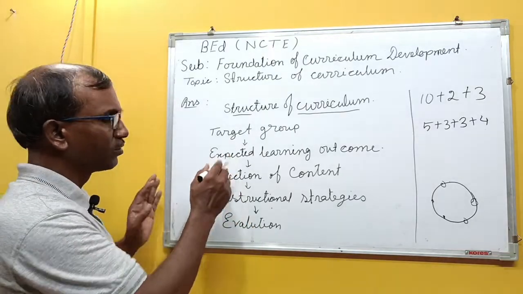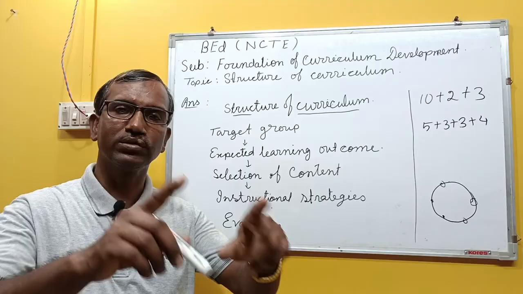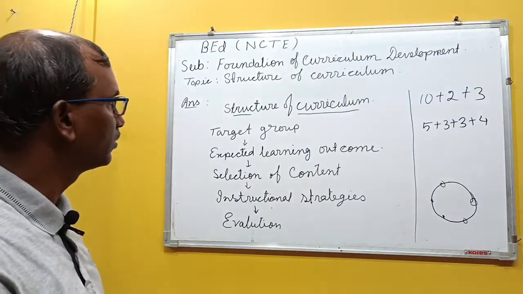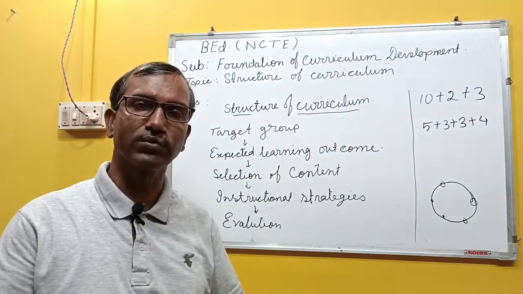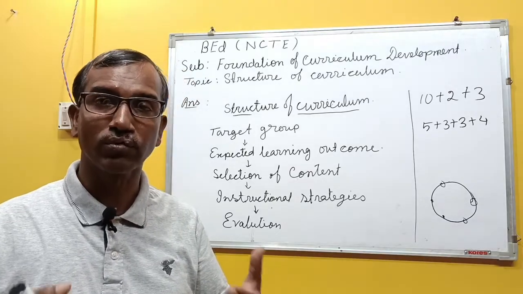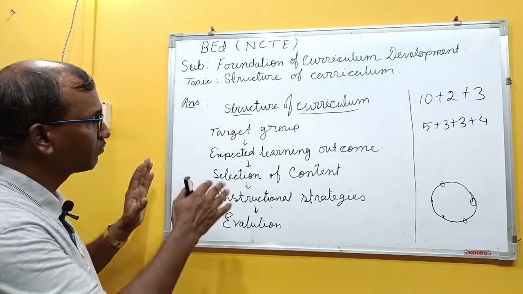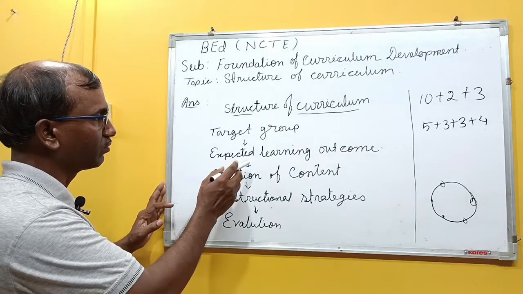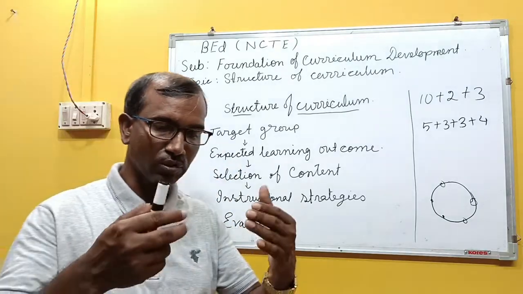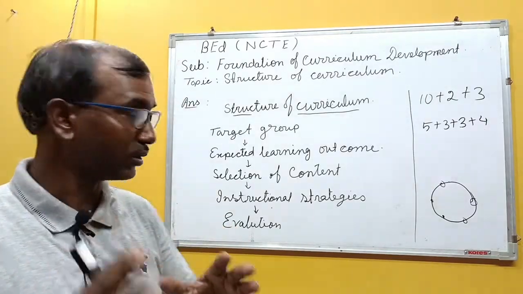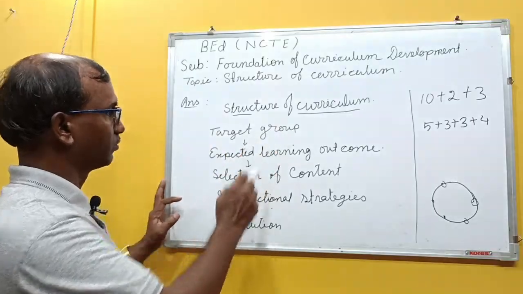Suppose you are given the responsibility, or a committee is given the responsibility, to frame the curriculum for the primary level, that means classes 3, 4, 5. A group of experts is given the responsibility for development of the curriculum of the primary level. That is the target group.